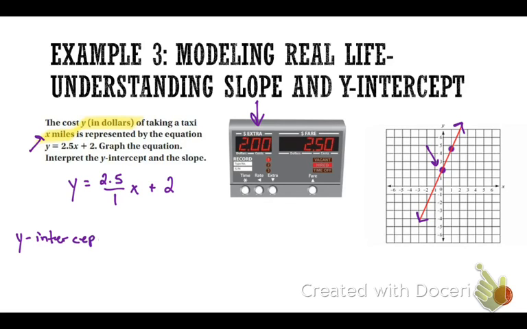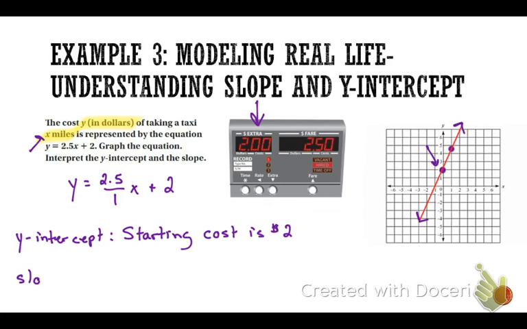You can do the y-intercept first or you can do the slope first. Y-intercept, starting cost. Remember, this is starting value when you go 0 miles. Starting cost is $2. All right? Does that make sense? You've gone nowhere. Just for them to show up on your doorstep.